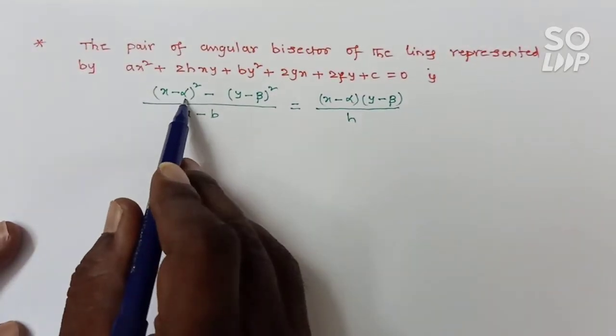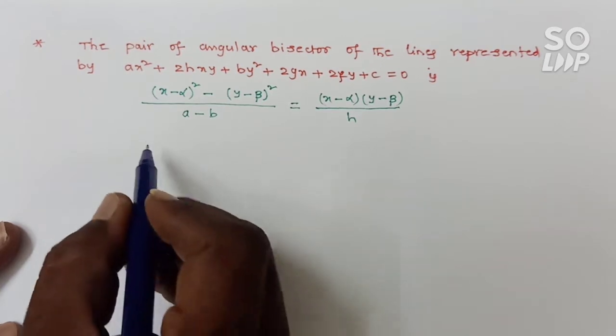Okay. Now what is meant by alpha comma beta in this one?